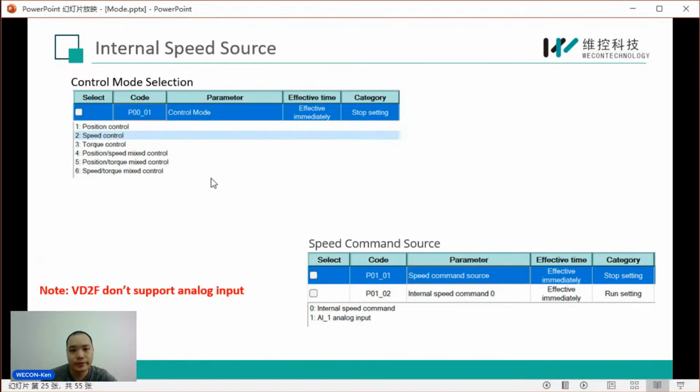And you can select which method above to use for control in P1 and 1. But please note, VD2F doesn't support the analog input. So the VD2F can only support the internal command control.